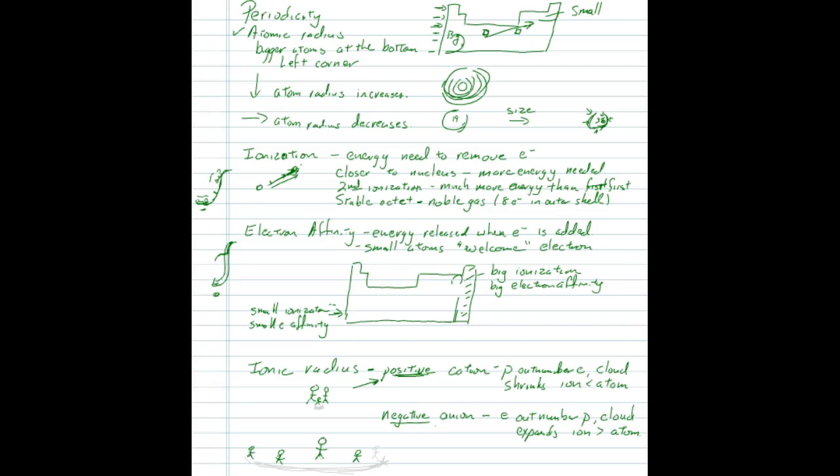That one parent can't control all those kids, so their roaming radius expands. So here, proton parents outnumber the electron kids, a very small range. Here, the negative electron kids outnumber the positive proton parent, and the cloud expands. Kids are all over the place.